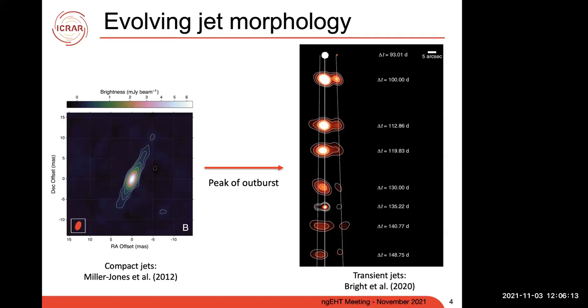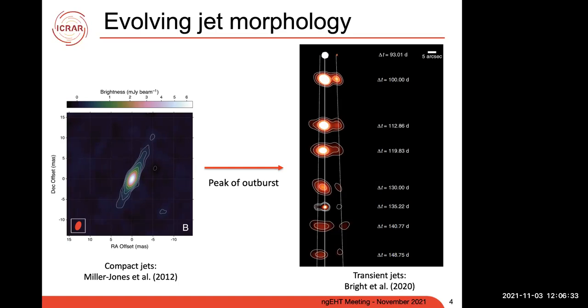At the peak of the outburst, the jet morphology changes as the morphology of the accretion flow that's powering it evolves. So the accretion flow goes from a relatively puffed up, vertically extended flow in the inner regions to a standard thin disk configuration.